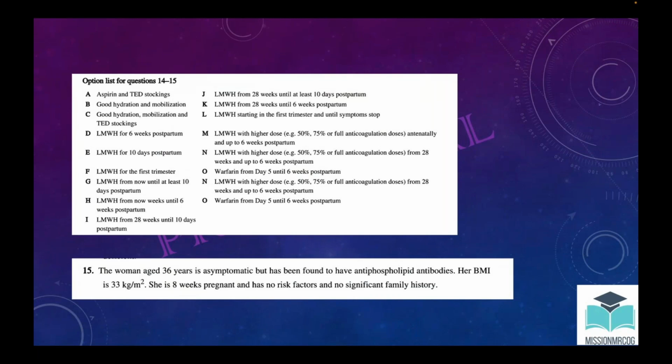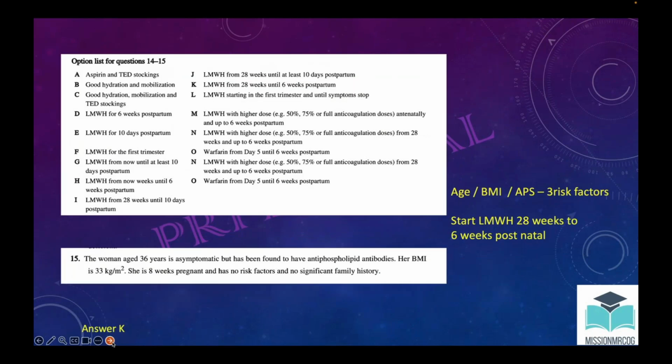Three: age more than 30, since the age is 36 years; antiphospholipid antibodies; and BMI more than 30. So what would be the answer? This is K, from 28 weeks, since the score is 3, till 6 weeks postnatal. Yes, three risk factors, so 28 weeks to 6 weeks postnatal.